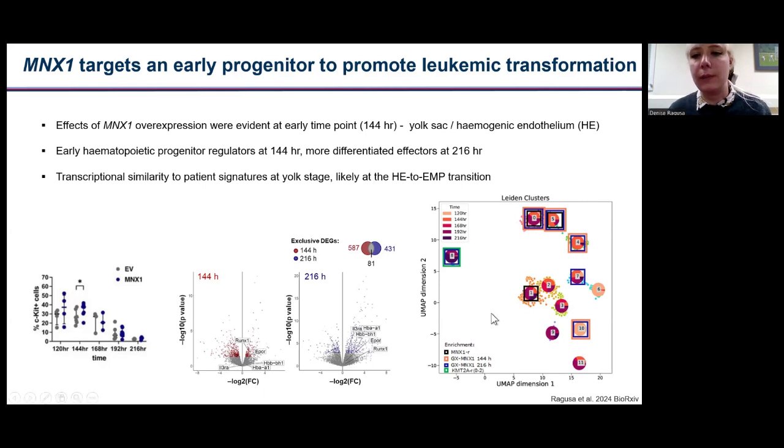And when we deconvolute the RNA sequencing using our single cell data from the gastruloids, we see that T712 patient transcriptomics map within the same transitional identity as gastruloids with MNX1 overexpression at 144 hours, more so than the latest stage at 216.